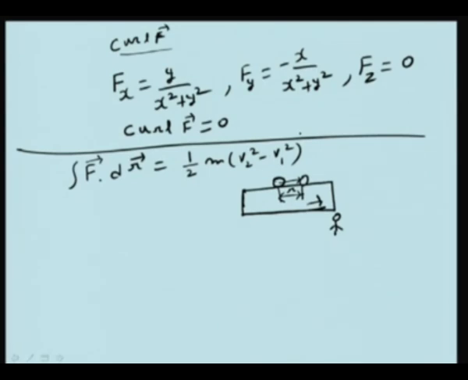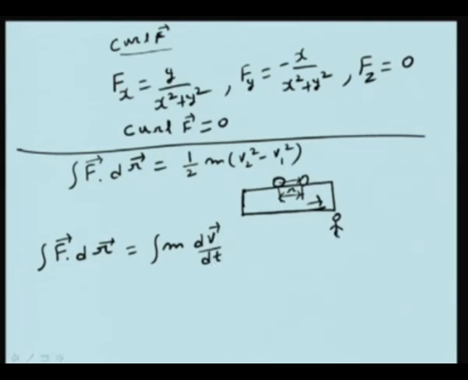Let us go to basics for understanding this. F dot dr is equal to m dv by dt dot dr. Here this v is the absolute velocity and this dv by dt is the absolute acceleration.